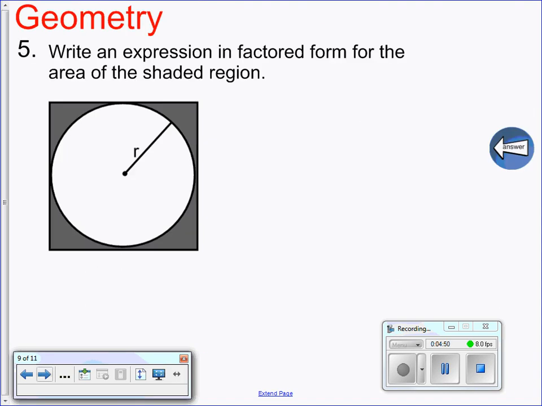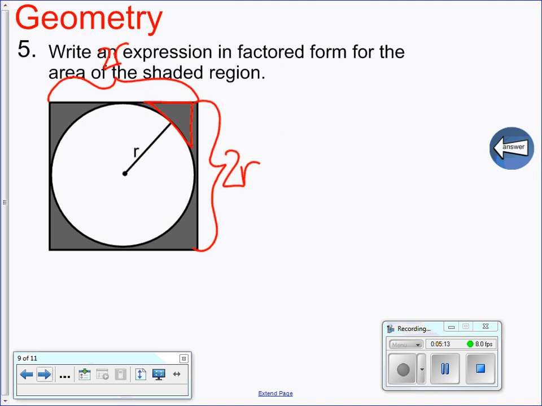Write an expression in factored form for the area of the shaded region. So I'm looking for these outside little pieces. What I need to do is find the area of the whole square and then subtract the area of the circle. So to get the square, I know that each side is 2r.